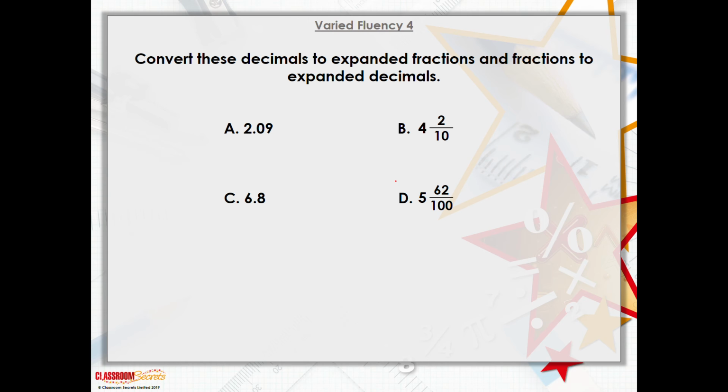Our next question is convert these decimals to expanded fractions and fractions to expanded decimals. First of all, I'm looking at A. A is 2.09. So A is 2 plus, so I've got no tenths, but I have, if I circle it here, 9/100ths.